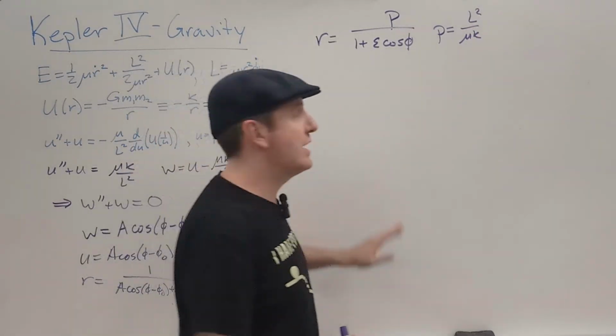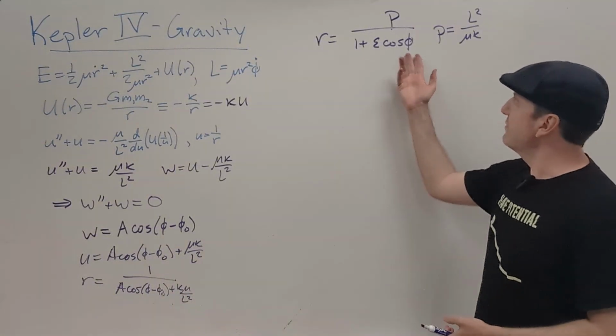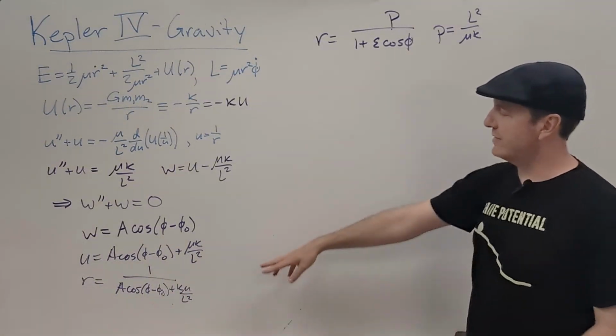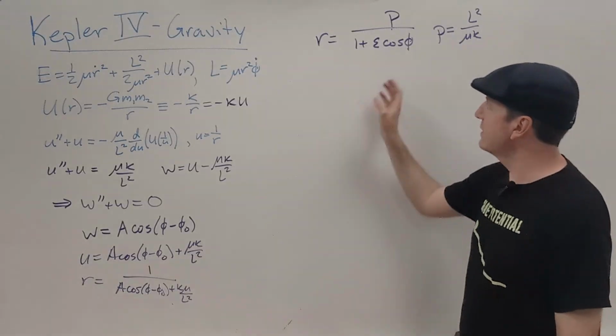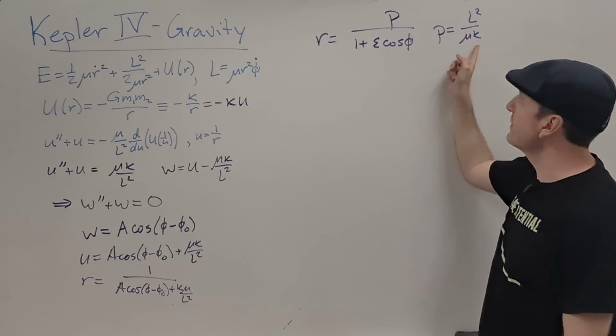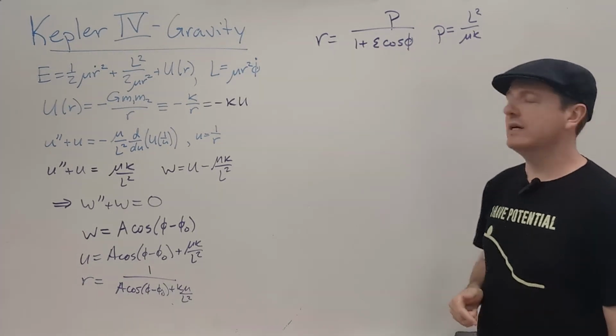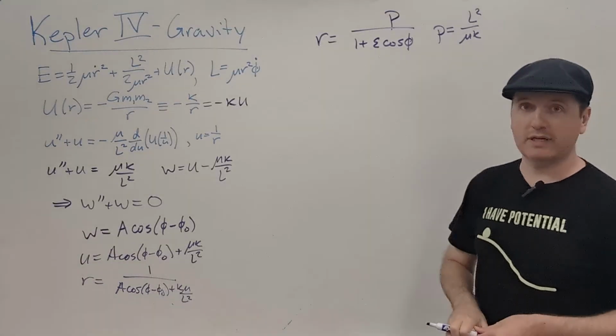Okay, here it is, the general form. Like I said, I set phi naught equal to 0. I pulled out this kappa mu over L squared from the denominator, but of course that puts it in the numerator as an L squared over mu kappa. The a thing, I lumped it together and called it some new thing, epsilon.